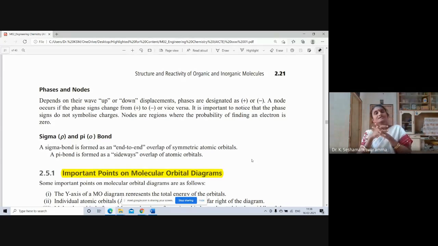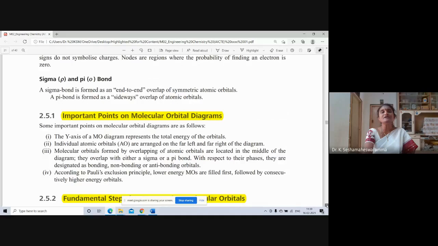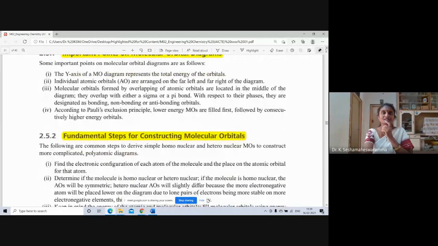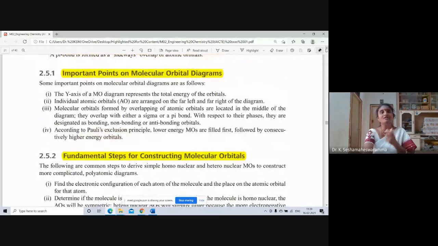In the molecular orbital theory also, sigma bonds and then pi bonds are formed. The sigma bond is formed as an end-to-end overlap of symmetric atomic orbitals. A pi bond is formed as a sideways overlap of atomic orbitals. While constructing molecular orbital diagrams, the y-axis represents the total energy of the orbital.